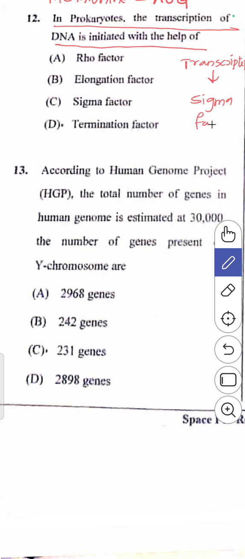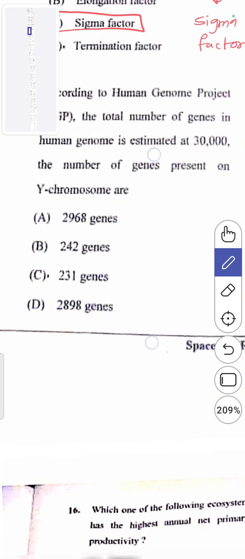This sigma factor helps in the initiation of transcription in prokaryotes. Remember, in prokaryotes, this sigma factor will go and bind to the polymerase, that is RNA polymerase. So sigma factor is the right answer for this question. Then read out the next question, that is the 13th question.